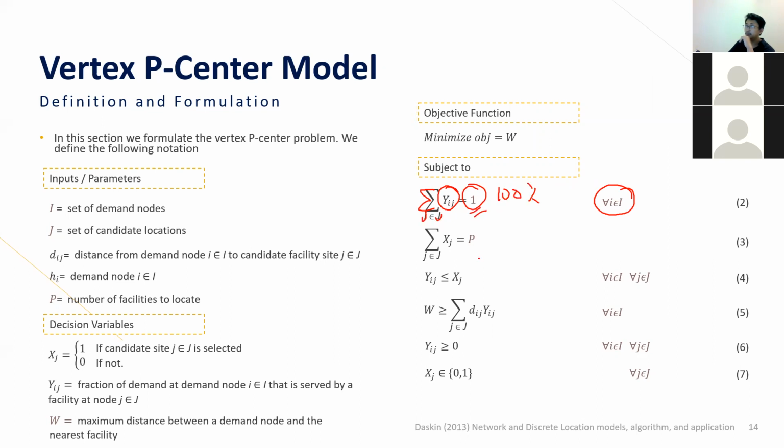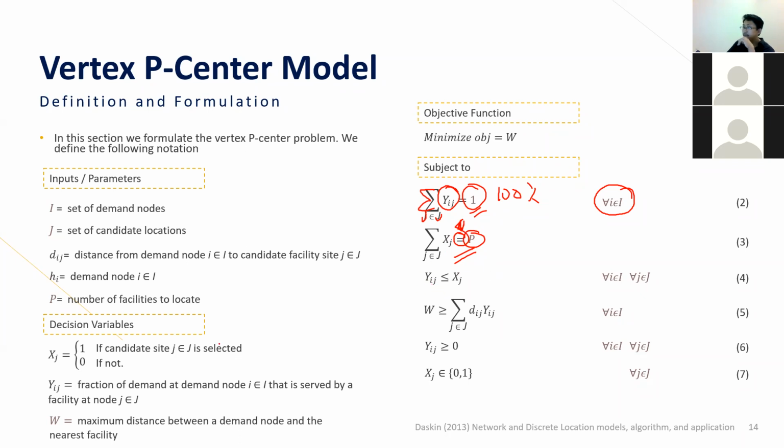So it's equal to 1. And the total facility xj should be equal to P. Previously we had less than or equal, right? But for now, since we are not going to minimize the total number of facilities, but we want to have exactly P facilities, so we put equals P.